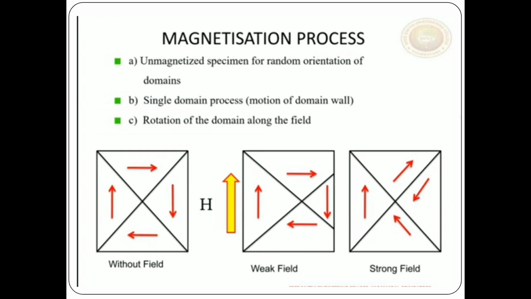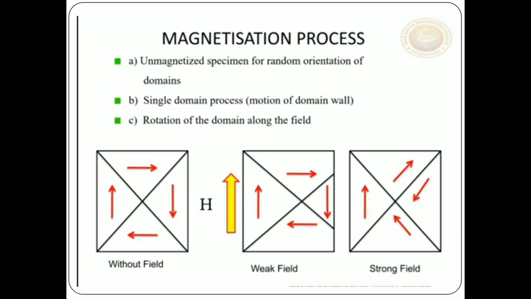So in the figure we can find that without the field, each of the four domains has the same area. But when we apply a weak magnetic field, the domain which has the same direction as the external field will increase in its area compared to the other domains.